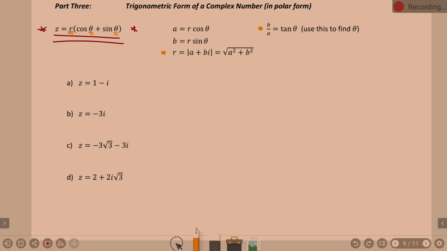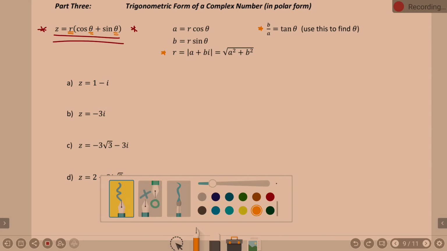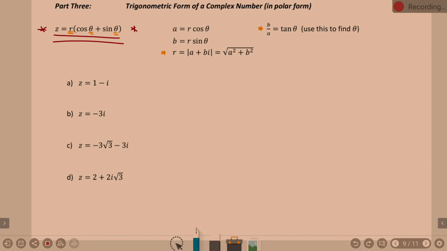A gives us the point z, the complex number 1 minus I. Now, what is the ordered pair for 1 minus I?